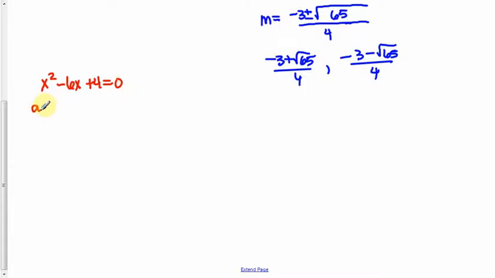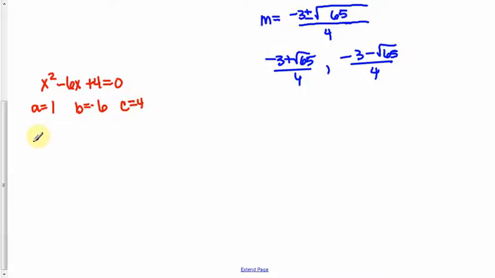We're going to solve it by using the quadratic formula. What's a? A is the number on the x squared term. What is it? 1. What is b? Negative 6. Notice you take the sign that's with it. And what is c? 4.